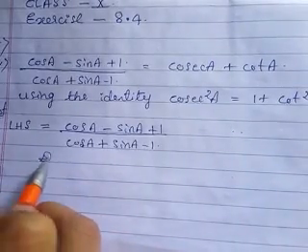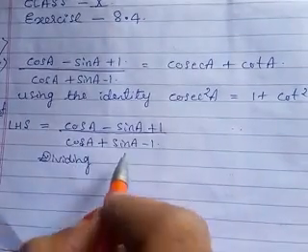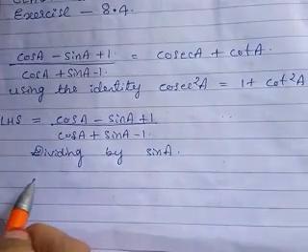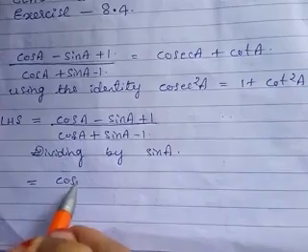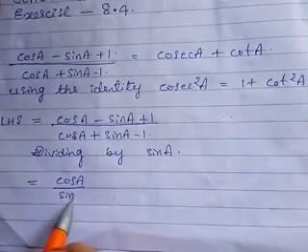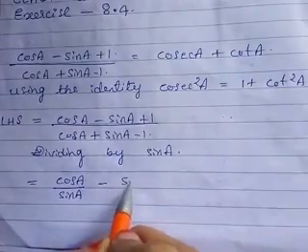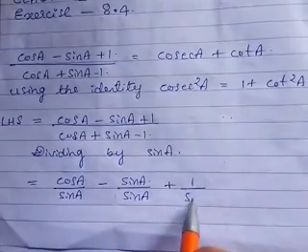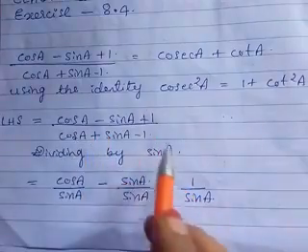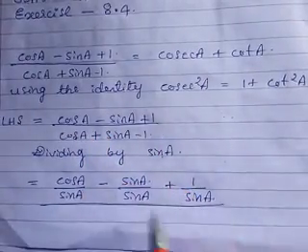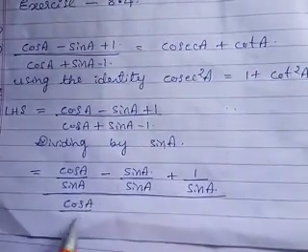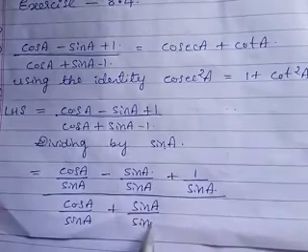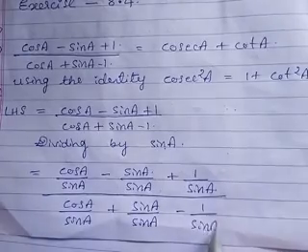Now, dividing by sin A: cos A divided by sin A minus sin A divided by sin A plus 1 by sin A. The whole numerator we have to divide with sin A. The same for the denominator, we also divide with sin A: cos A by sin A plus sin A by sin A minus 1 by sin A.